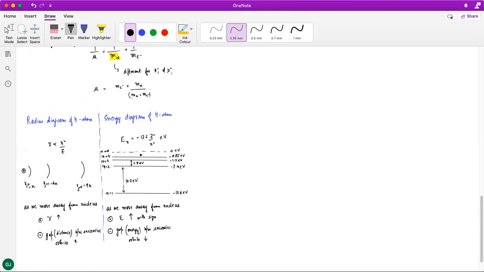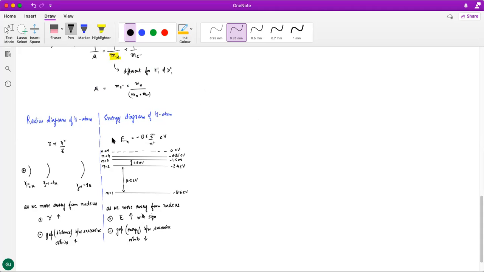For practical purposes, when we discuss energy levels, you will notice that after going around 5-6, the remaining shells are, in terms of energy, very close to zero only. So the gap between them is negligible. Okay, sir, got it.